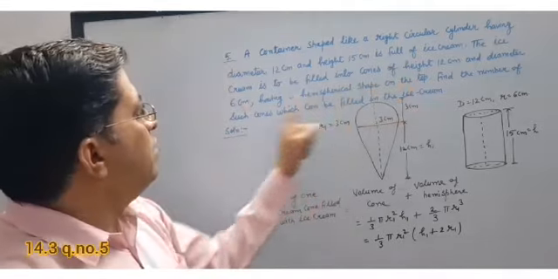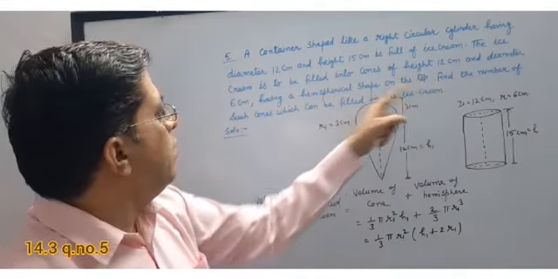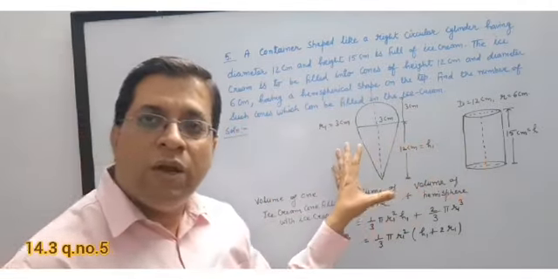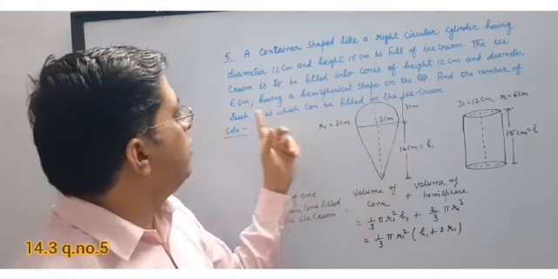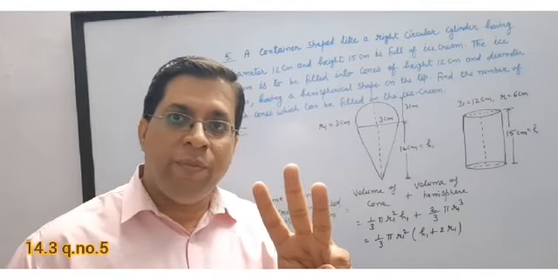The ice cream is to be filled into cones of height 12 centimeter and diameter 6 centimeter. Now this ice cream is filled into the cones, height is 12 centimeter and diameter is 6 centimeter, then radius will become 3 centimeter.